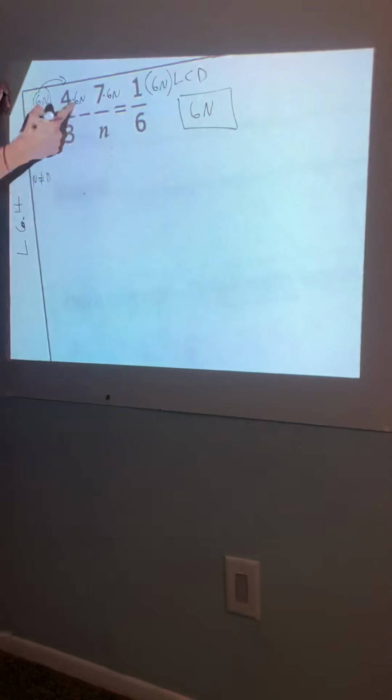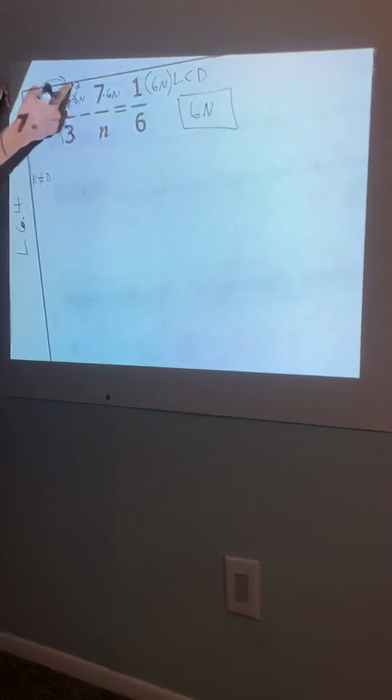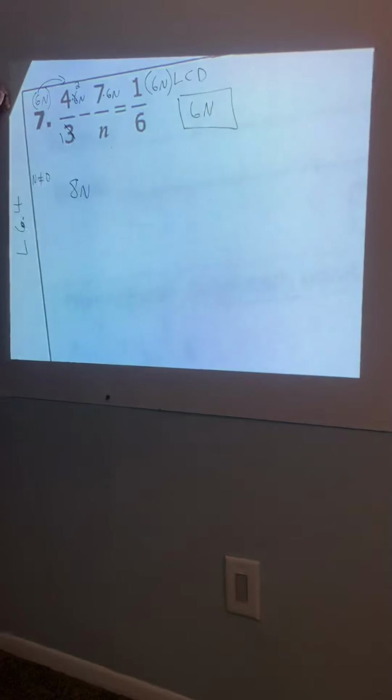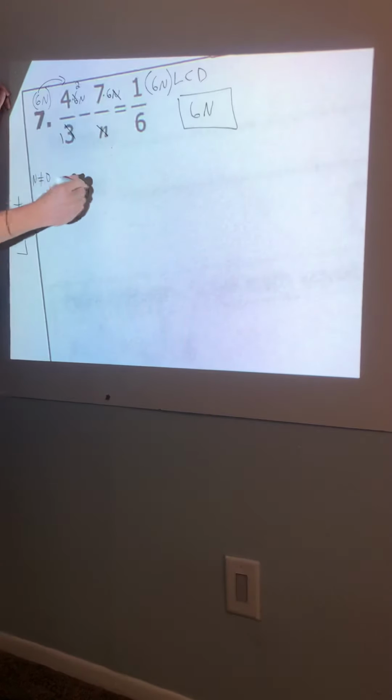3 can divide into 6. 3 into 3 is 1, 3 into 6 is 2. You're left with 4 times 2 times n, so now this is just 8n. See how you've lost any of the fraction? That's the whole point. If you look over here, the n's will cancel out. You're left with 7 times 6, which is 42.